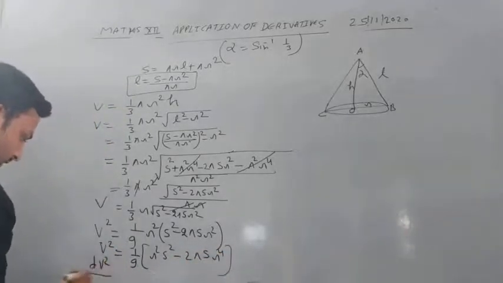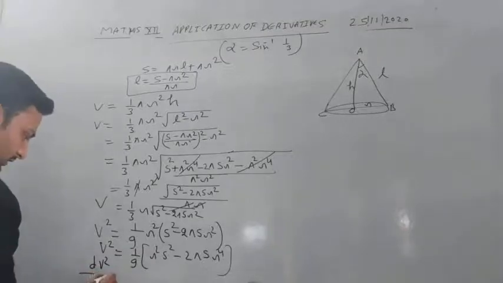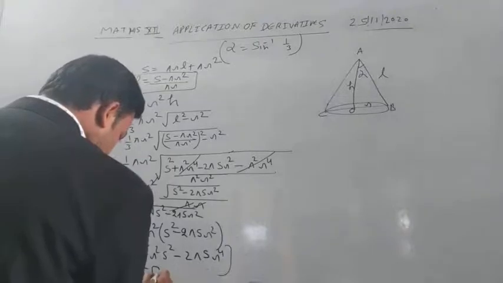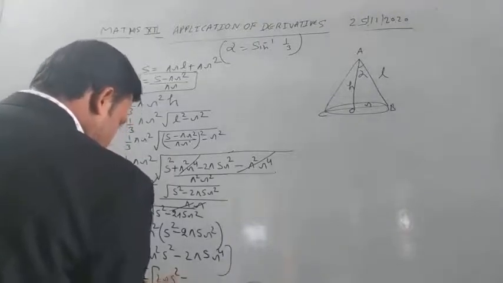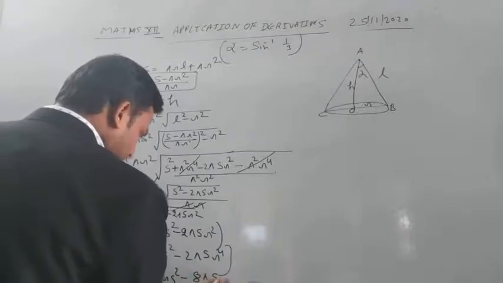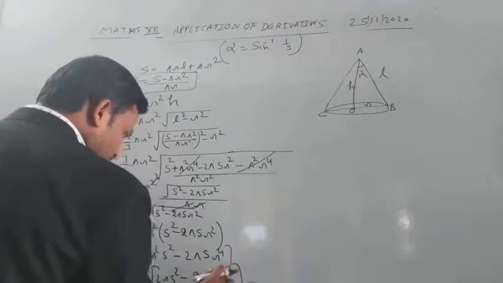So dV square by dr will be 1 by 9, 2 r s square minus 8 pi s r cube.